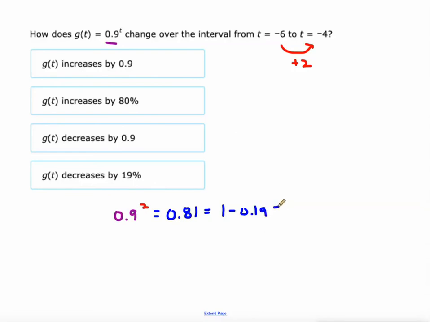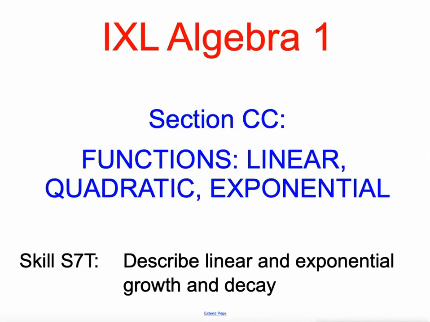That's a decrease of 19%. We're losing 19%. So those at the end might get a little bit tricky for you, but that's describing linear and exponential growth and decay over intervals.